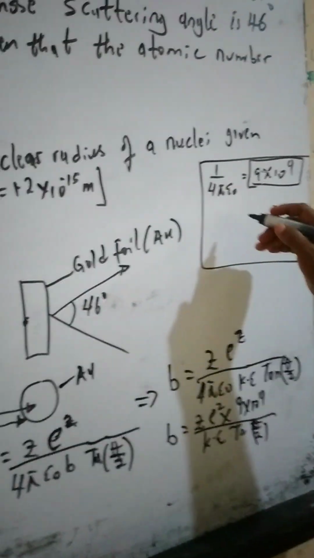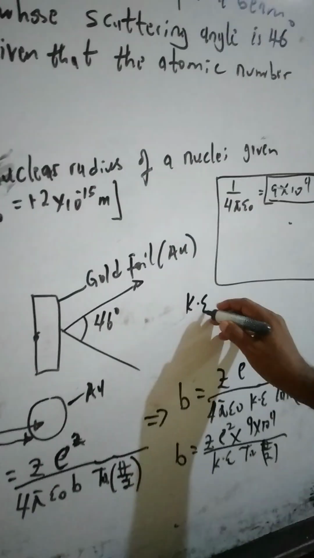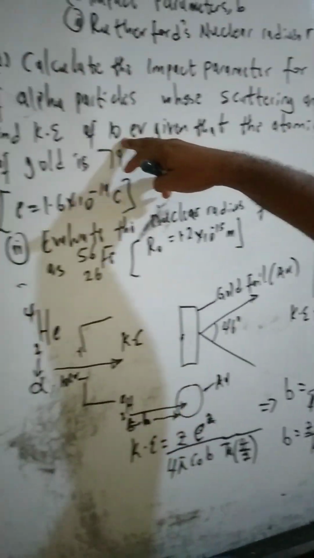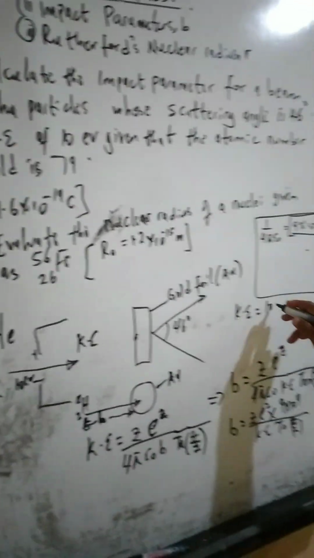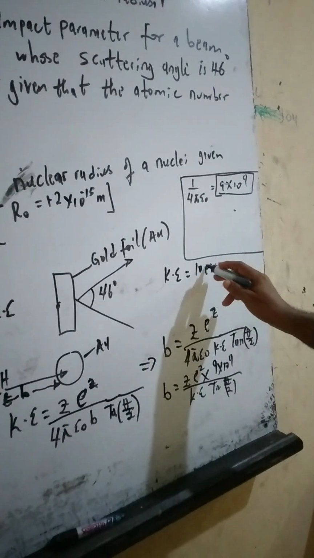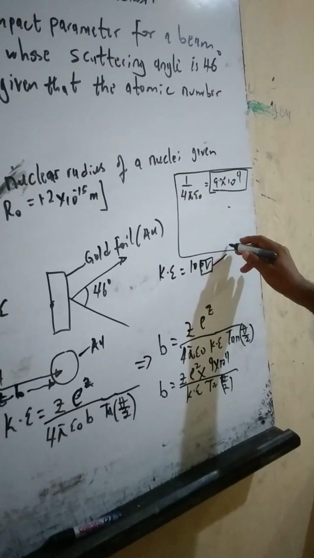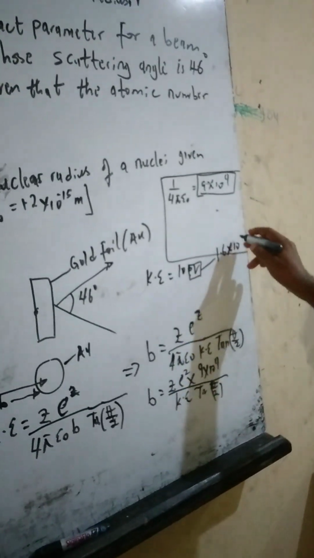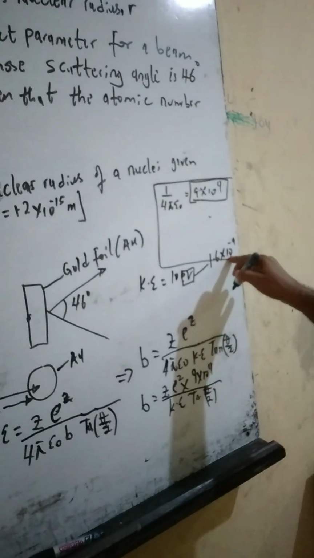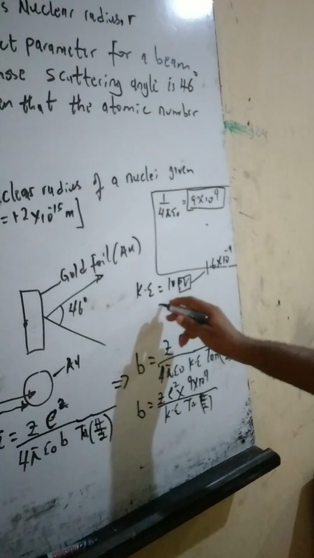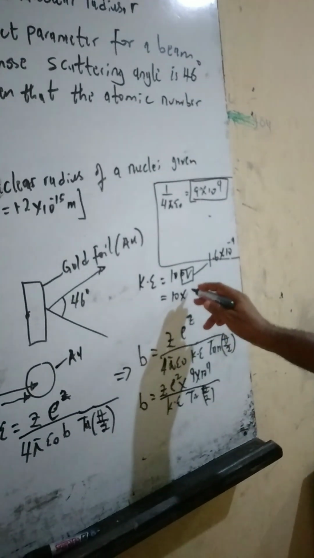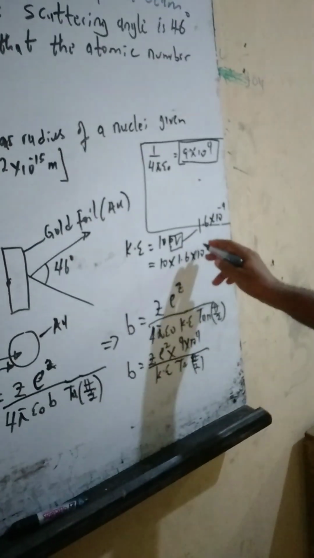Now the kinetic energy KE is given as 10 electron volts. But 1 electron volt is given as 1.6 times 10 raised to power minus 19 coulomb of charge. So this kinetic energy can now be written as 10 times 1.6 times 10 raised to power minus 19.